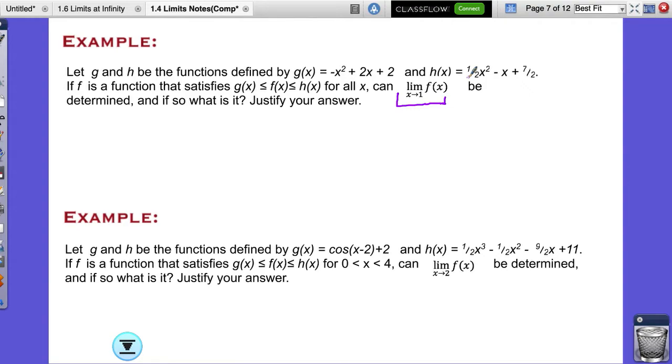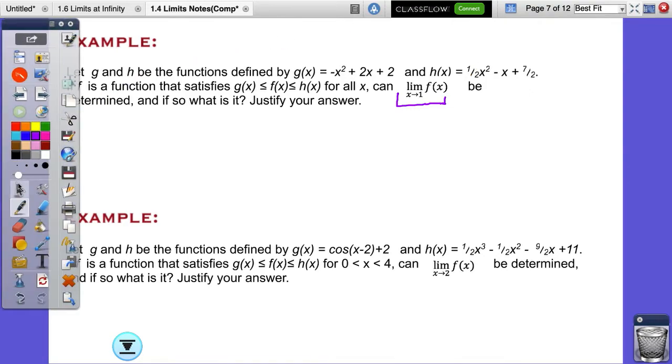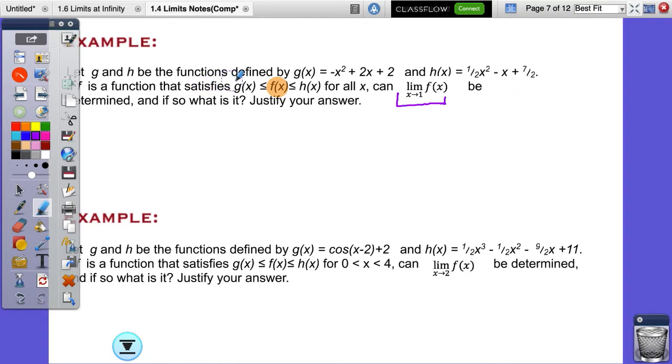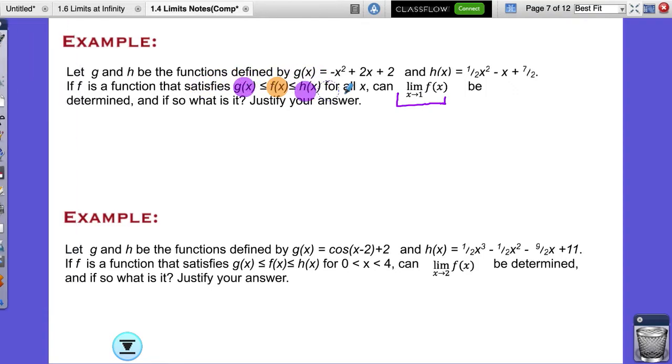And if so, what is it? So notice how this is set up to do squeeze theorem. I've got my function in between two other functions.